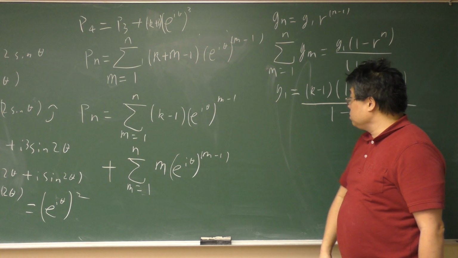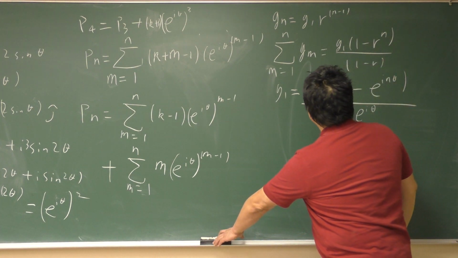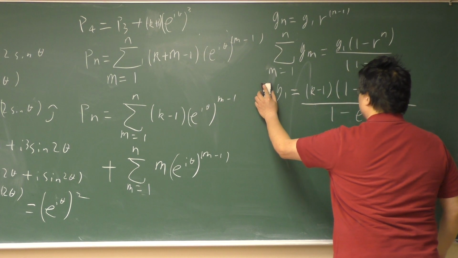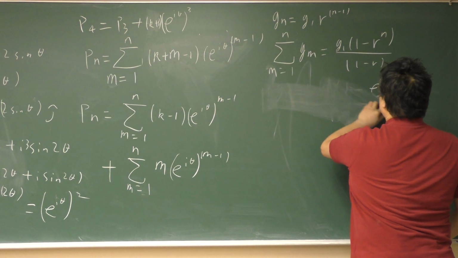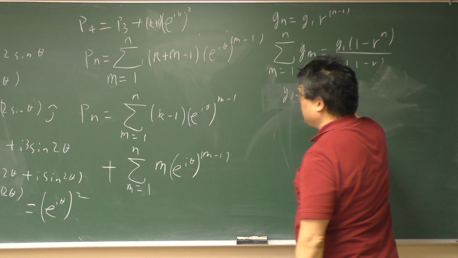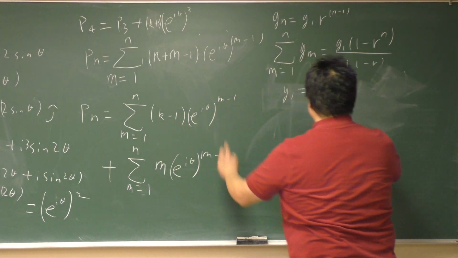If k equals 1, this portion, this sum, oh dear, let me rewrite this. I have to rewrite the g of 1 again. So our g of 1 equals k minus 1, and then if you put 1 there, it's just times 1.